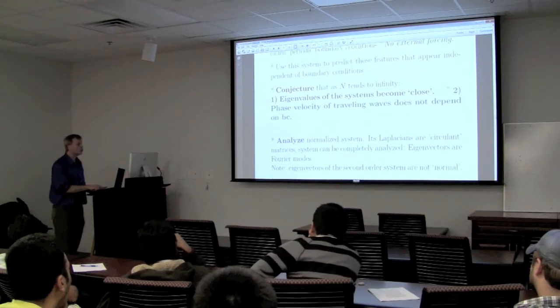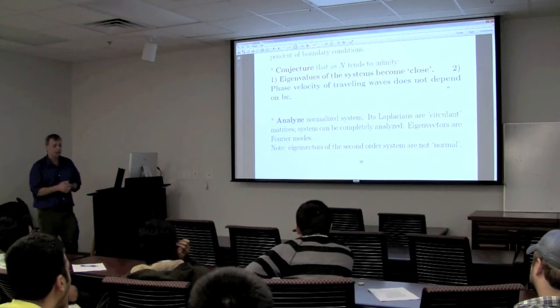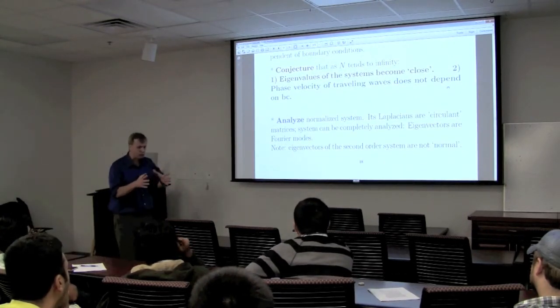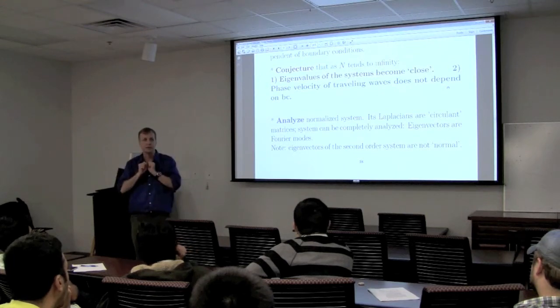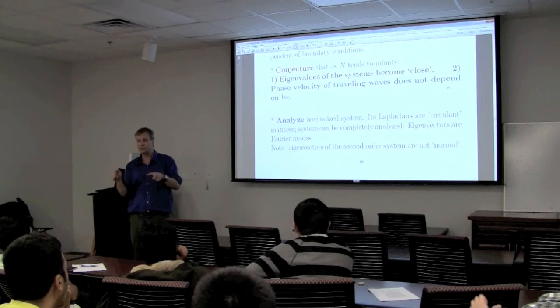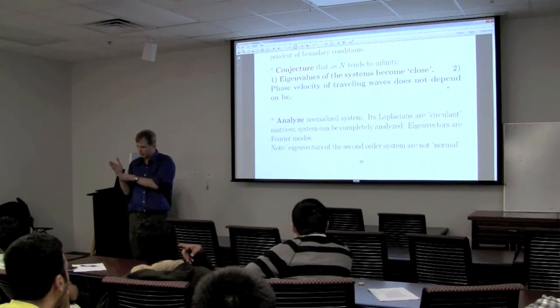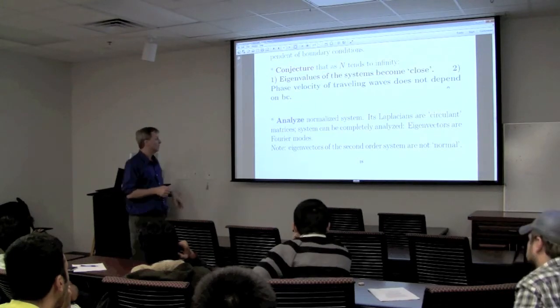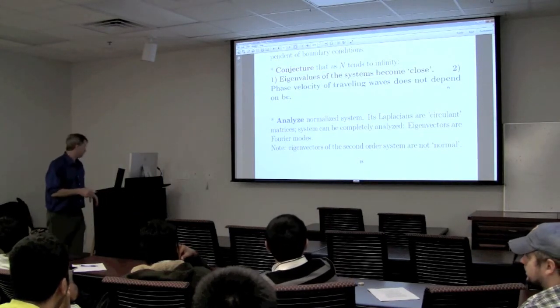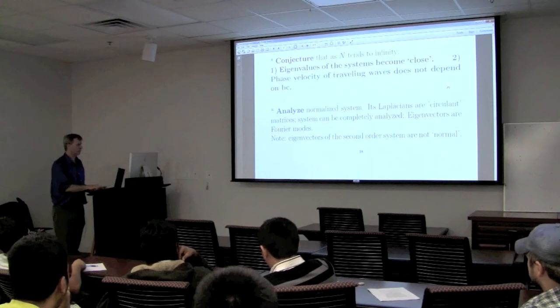If you do that, then you can choose your boundary conditions so that you get the simplest system of all these systems, and that's the one you study. And there's one system in which we can study the velocity of the traveling waves. Okay, we'll look at that.